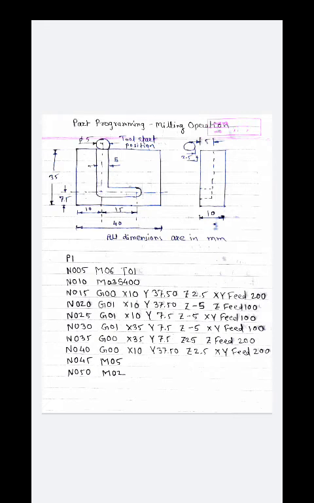Now we are going to give the speed and direction to the spindle. Okay, so in the next block N010 M03, that is spindle clockwise direction, which is having 400 rpm. Here you can either write it separately, or you can also write M03 400. In such a way you can also write.